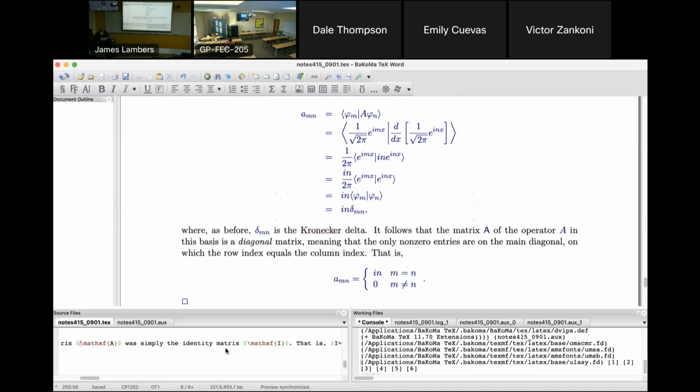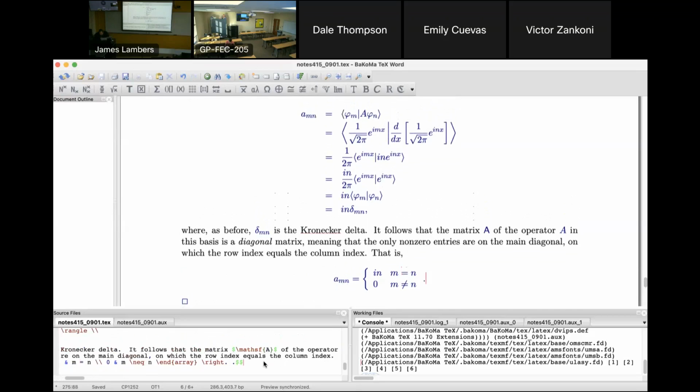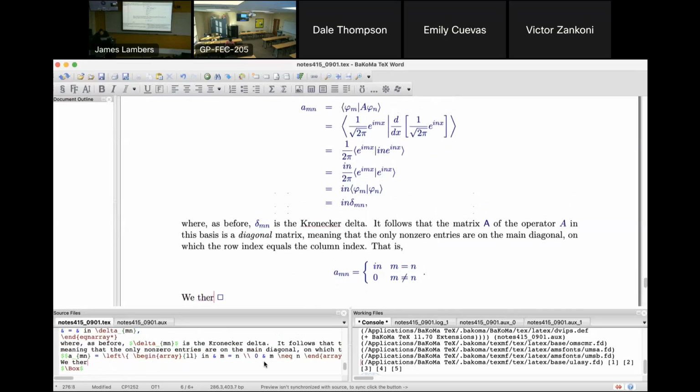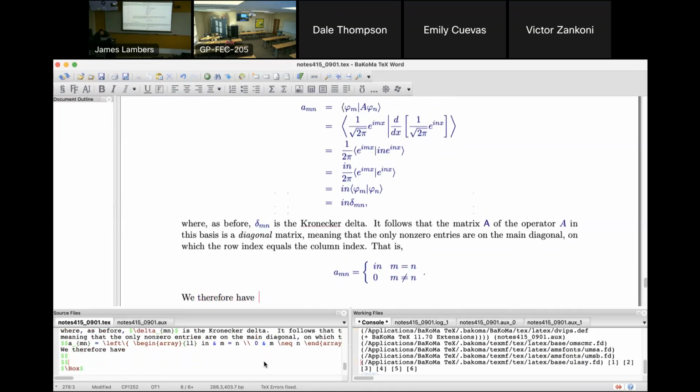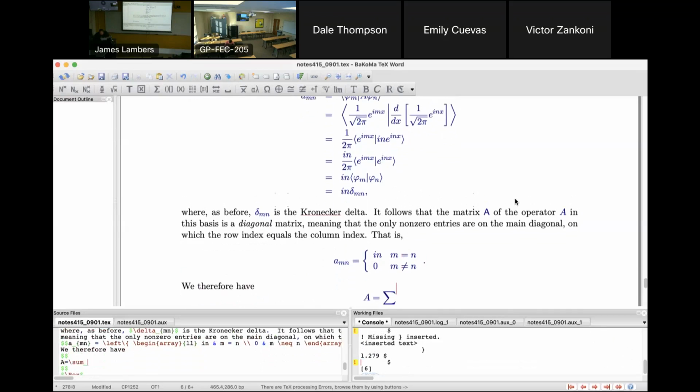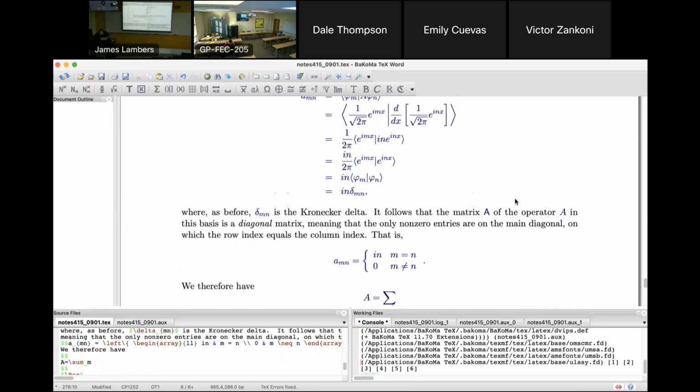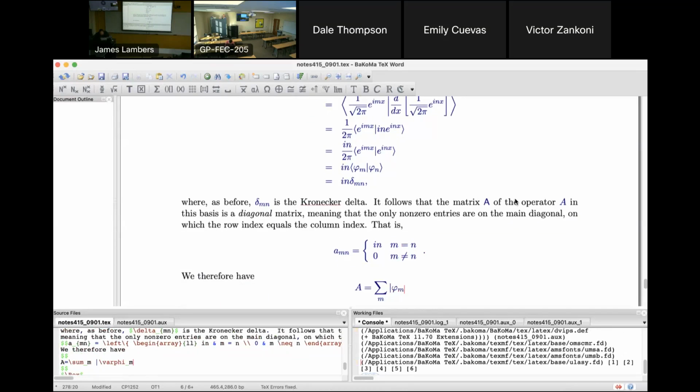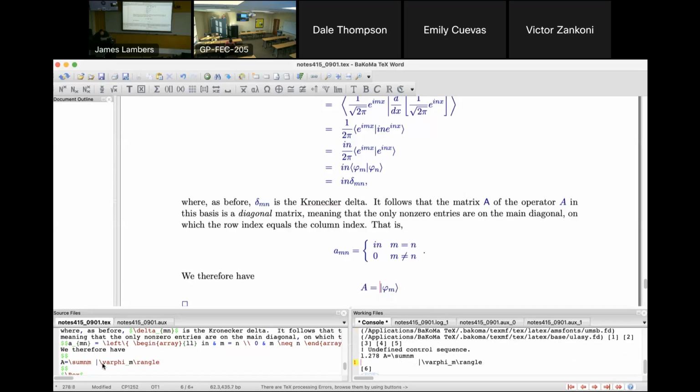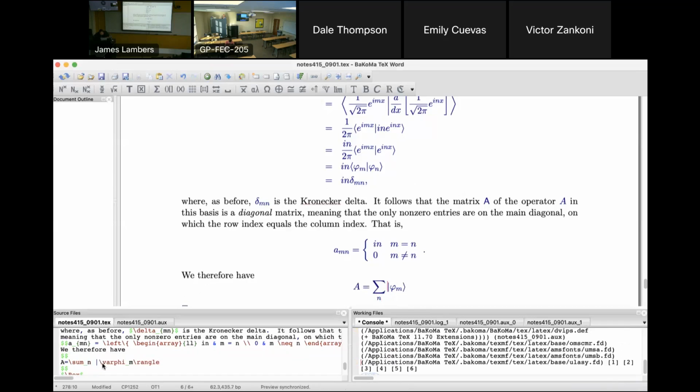Actually, I'm going to go ahead and illustrate that. So our operator is A. That is a sum over n of a_nn times phi n.